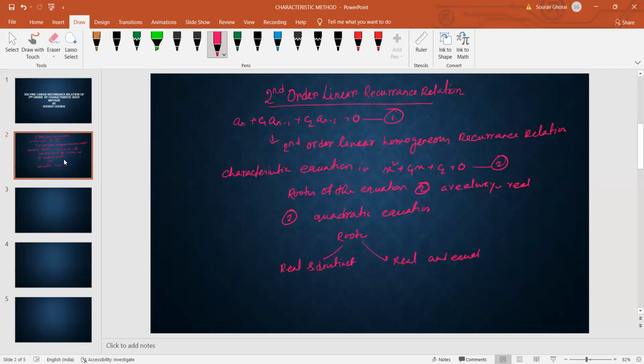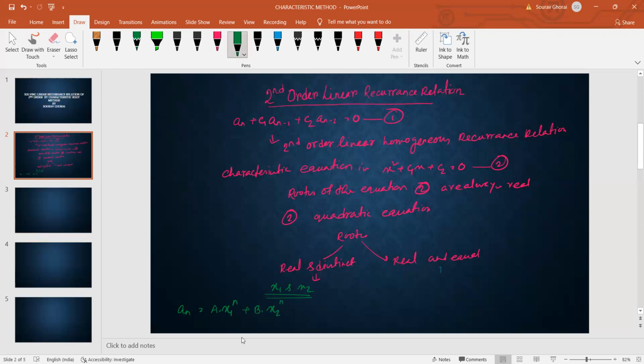Now, if the roots are real and distinct, suppose the roots are x1 and x2, then the general solution we can write is a_n = A x1^n + B x2^n.